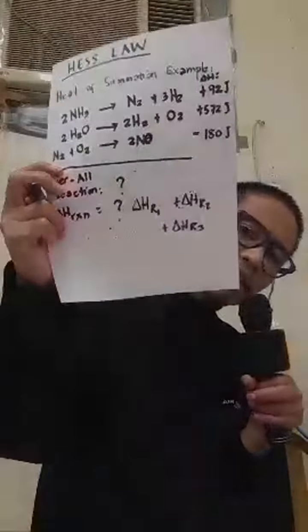In the third, we multiply by 2. So we have now positive 94 joules in reaction 1, the enthalpy change in R1, and the change in enthalpy in reaction 2, and the change in enthalpy in the last part, which is 3.